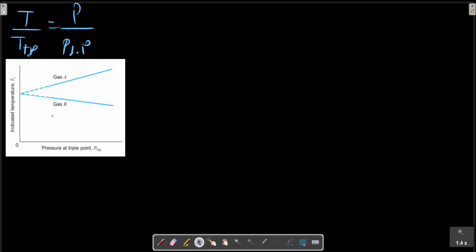So the indicated temperature, as shown in this graph, obtained by assuming the gas is ideal, is plotted against the pressure of gas within the bulb at the triple point. From the previous picture, we have the picture also here.